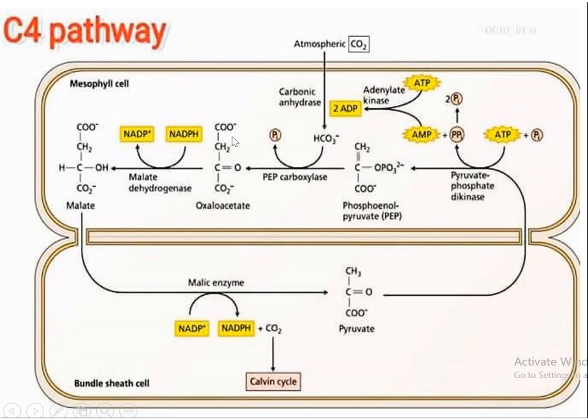That's why this pathway is called the C4 pathway, and the plants that use it are called C4 plants. It was first noticed by Kortschak in 1964 in the photosynthesis of sugarcane leaves, but the details were worked out by Hatch and Slack in 1966. That's why it is also known as the Hatch-Slack pathway.